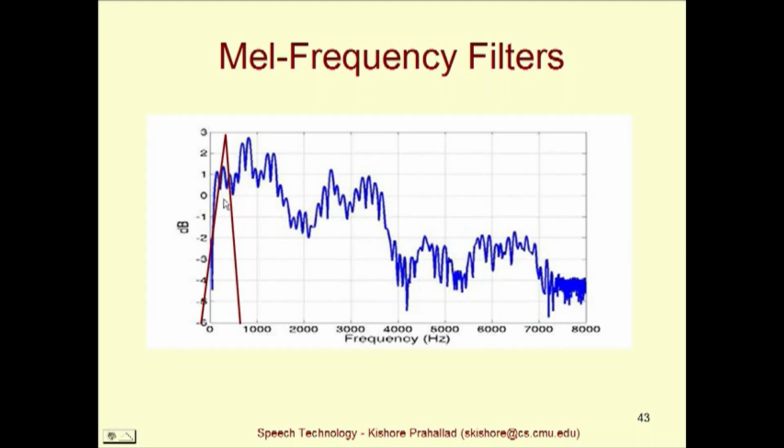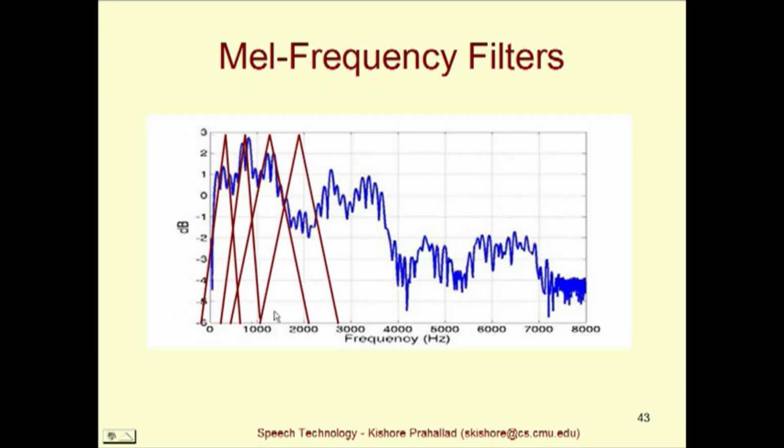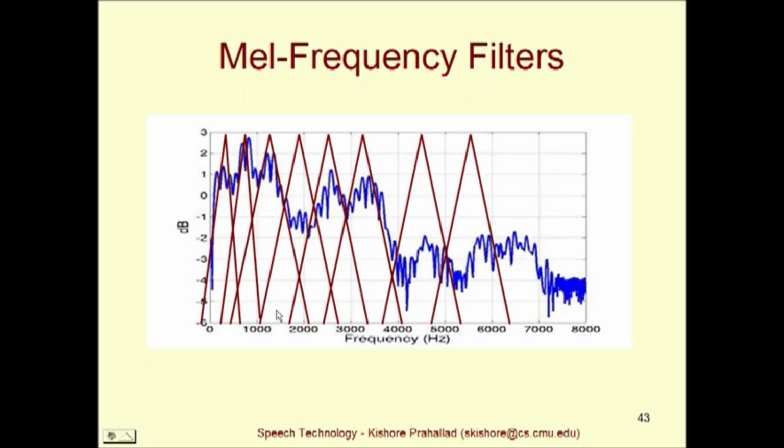This is called a band pass filter, because it passes the frequency components between these two bounds. Then you have the first filter, second filter, third, fourth, fifth. So you have a series of filters along the frequency axis.